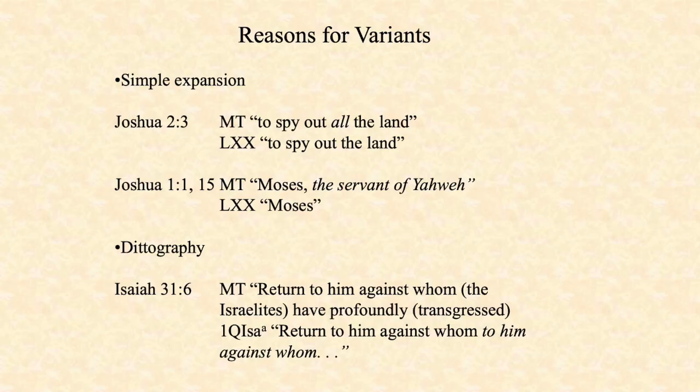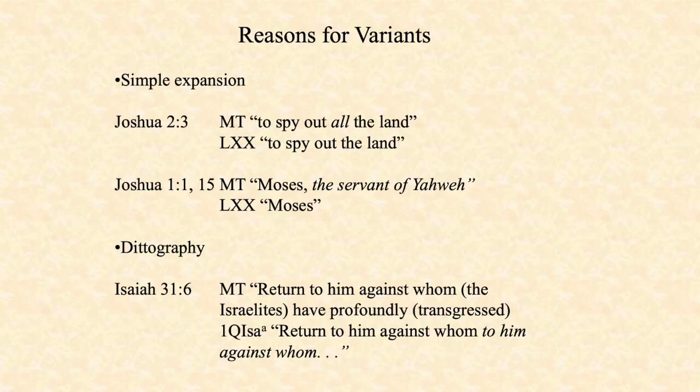The Masoretic text, the Hebrew, says to spy out all the land, whereas the Septuagint, the Greek, just says to spy out the land. In Joshua 1:1 and 1:15, the Hebrew text is a little bit longer. It says, Moses, the servant of Yahweh. It explains more of who Moses is.